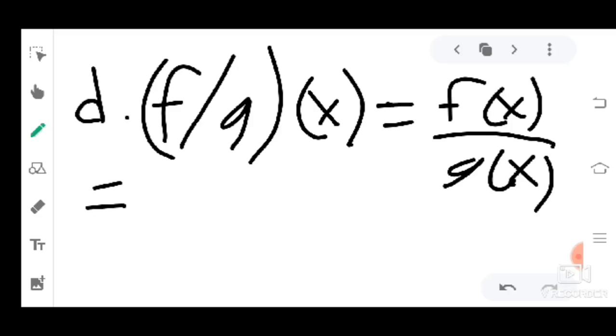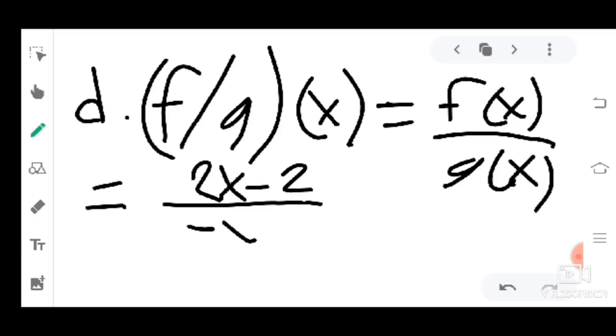And if we substitute it here, we all know that our f of x is 2x minus 2, while our g of x is negative x plus 1. And obviously, we can factor out something here so that it will be simplified.